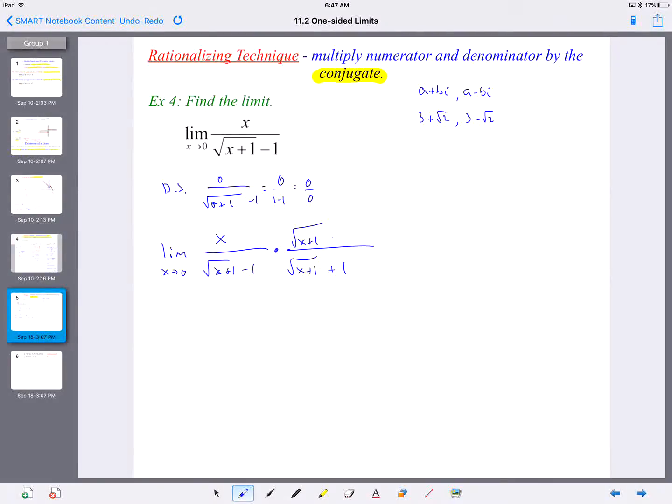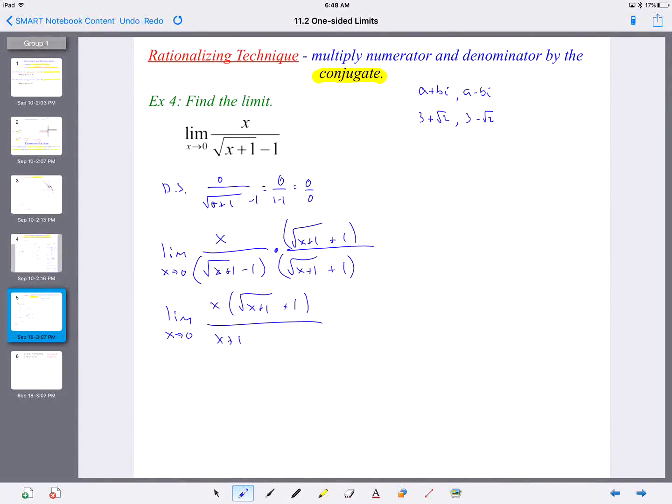If you do it to the bottom, you have to do it to the top to keep the same thing. So we get the limit as x approaches 0. On top, don't distribute that through, and you'll see why in a second. On the bottom, I want you to. The square root of x plus 1 times the square root of x plus 1 is x plus 1.